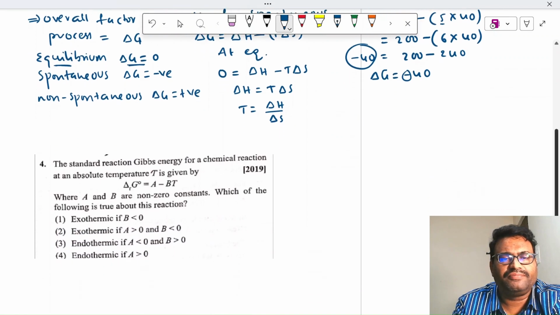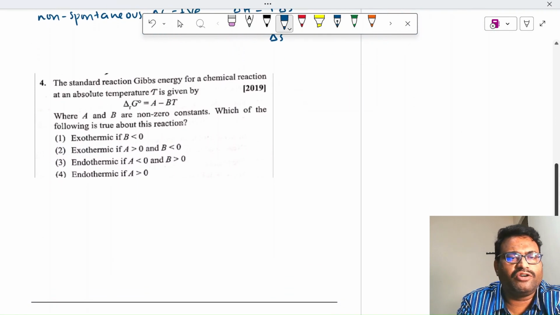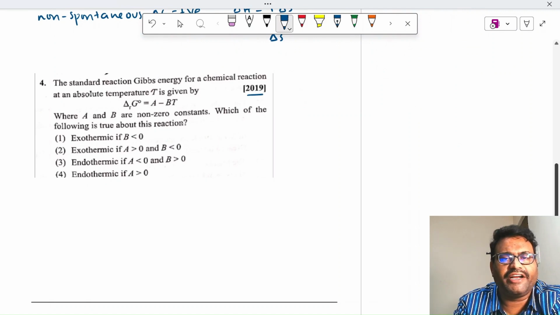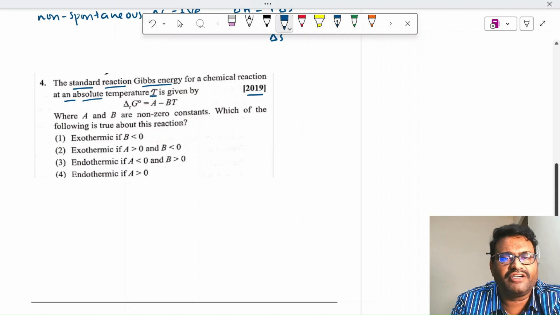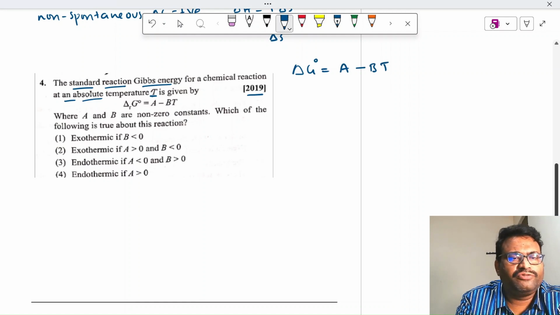Okay. Next, let us go with this process. Question number 4, which was asked in 2019. What is the question? The standard reaction Gibbs energy for a chemical reaction at an absolute temperature T is given by delta G naught is equal to A minus BT, where A and B are non-zero constants.